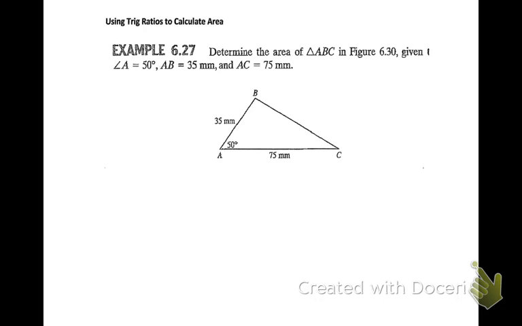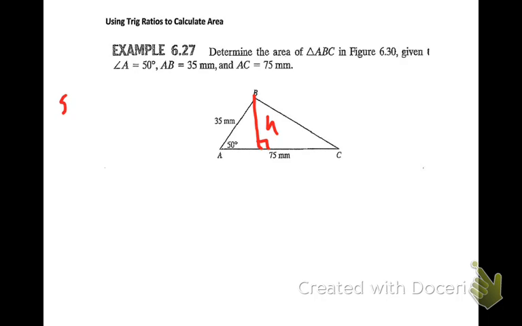Okay, so if we had to find the area of this triangle, we need to know the height, right? We need to know the height of the triangle, H. How could I find H? And that'd be two unknowns. You can do the sine of 50 degrees. Yeah, we can do the sine.